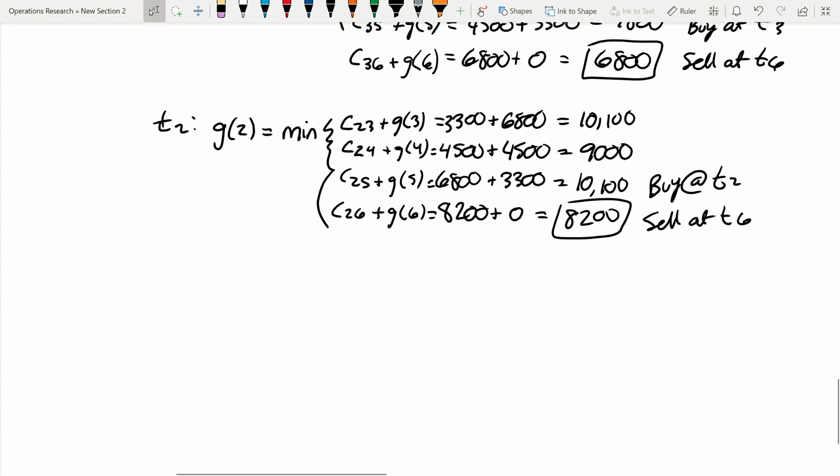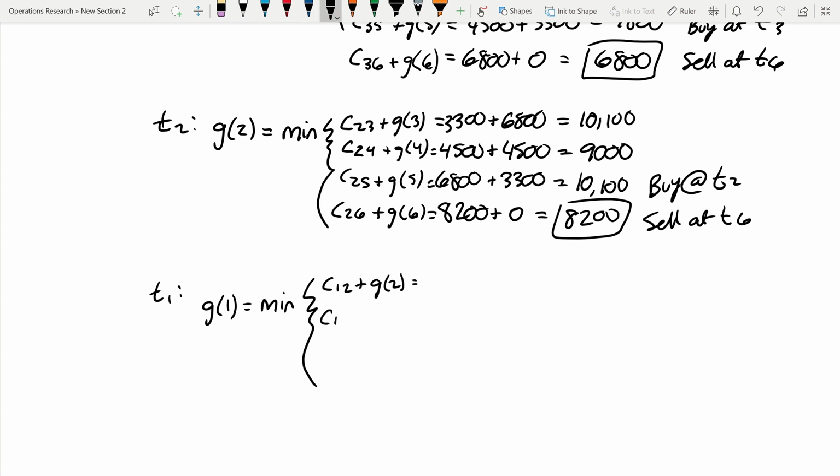And we go down. T1 is going to be G of 1, which is our minimum of, now we can go from 1 to 2 plus G of 2. We can go from 1 to 3 plus G of 3, 1 to 4 plus G of 4, 1 to 5 plus G of 5, or 1 to 6 plus G of 6.